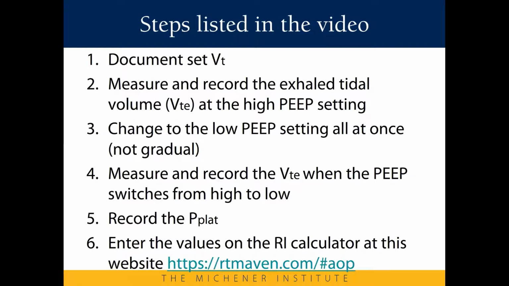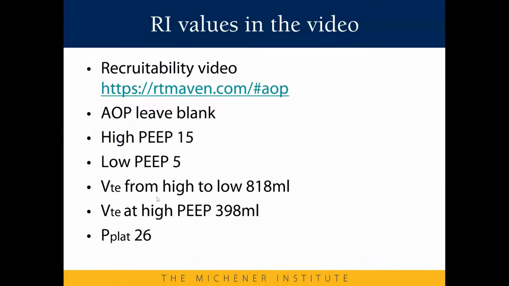You saw he went from 15 down to 5 immediately. And then he measured and recorded the tidal volume when the PEEP switches from high to low, and you saw that it was a much larger volume. You also need to record your P plateau, and then you're going to enter the values on his RI calculator, which I showed you before the video.